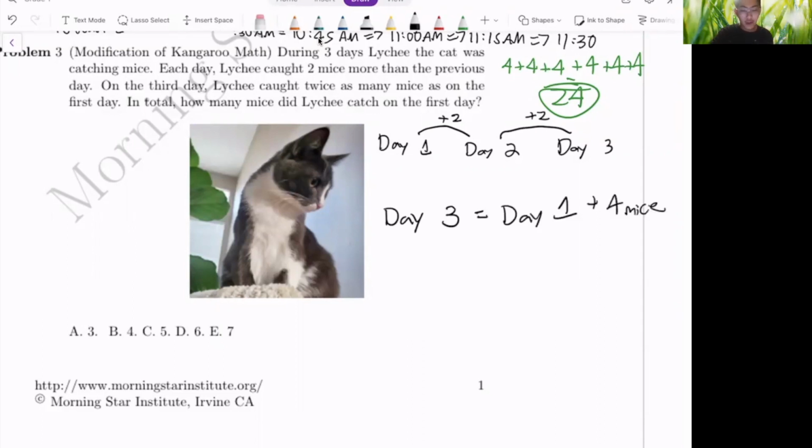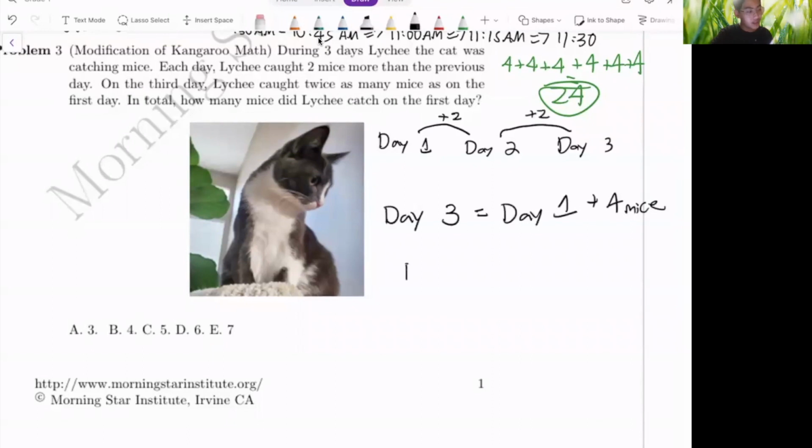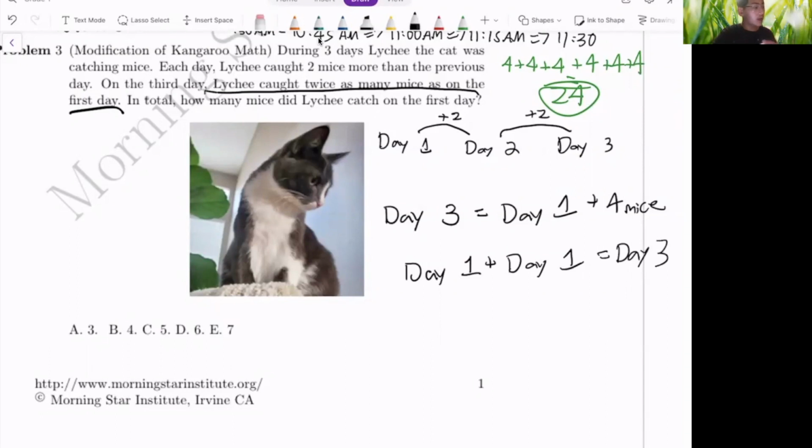And from here, we can derive that day 1 plus day 1 equals day 3, because it states that Lychee caught twice as many mice on the 3rd day as on the 1st day. So 2 first days equals day 3. And it also says that day 1 plus 4 equals day 3.